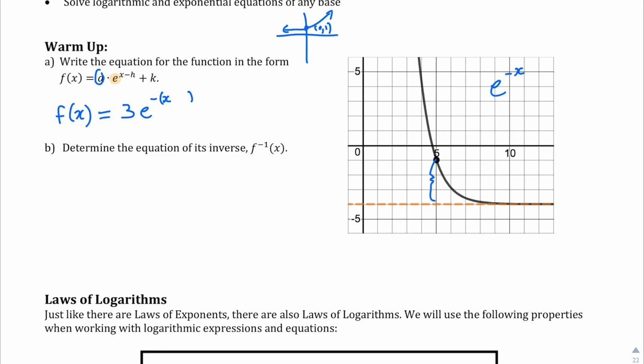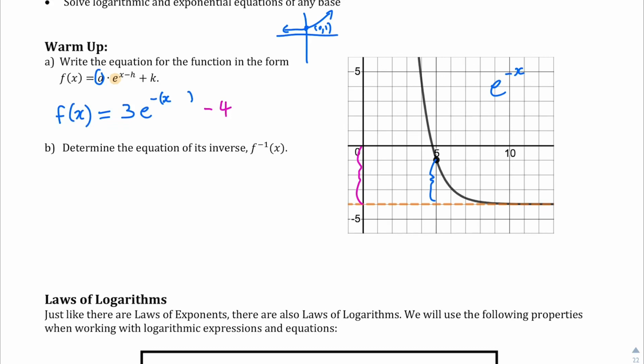Okay, and so what I'm going to need to do is figure out what my vertical translation was. The horizontal asymptote ordinarily is the x-axis, or the line y equals 0. This time our horizontal asymptote is at minus 4, and so that is going to be our k value. We've shifted our horizontal asymptote 4 down.